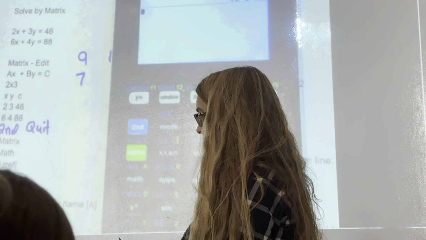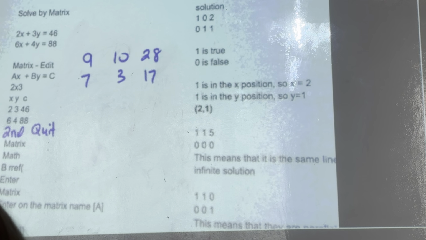So if X is in the first column, and it's true, that means that X equals 2 and Y equals 1. On the right-hand side of your instructions, I've got some special scenarios, and we'll be talking about those next week when we're doing substitution and elimination.